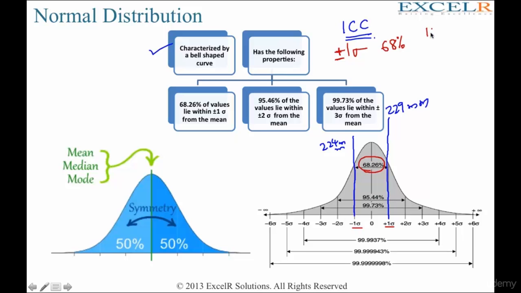If I'm manufacturing 100 cricket balls, 68 would meet your specification limits on circumference. The rest, the 32% or 32 cricket balls, would have a circumference either less than 224 mm or greater than 229 mm. It will fall here. These are all your defective cricket balls which are not meeting the customer requirements.